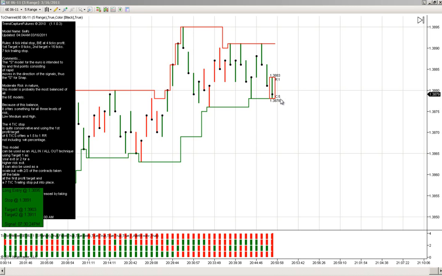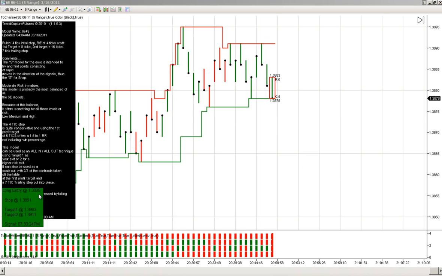The other way of entering the trade is, once you get a signal, down here in the signal box it'll show you exactly at what price, not the bid or the ask, but the last trade, where that was when the trigger occurred.